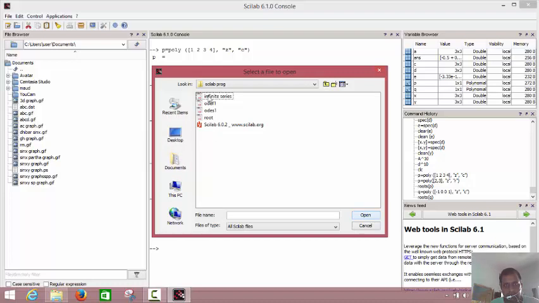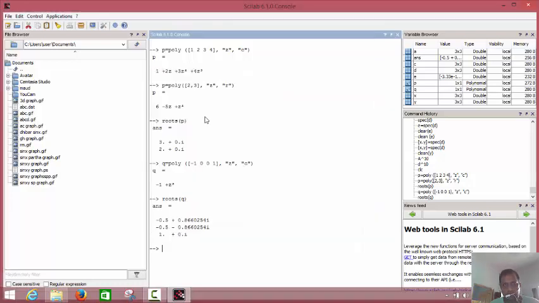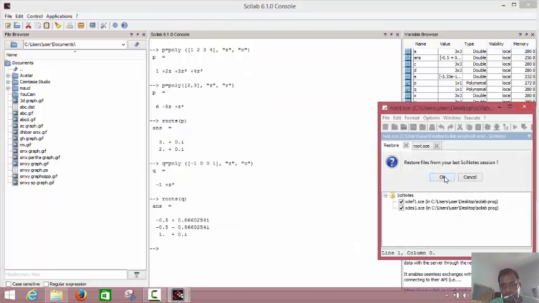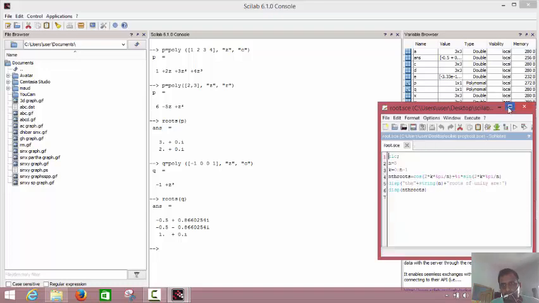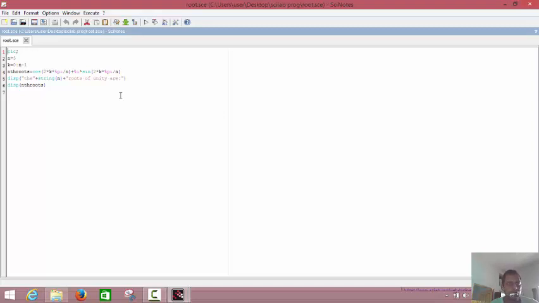We can get the roots of the equation using a short program like this, where we write clear all, n equals 3, the cube root of unity.